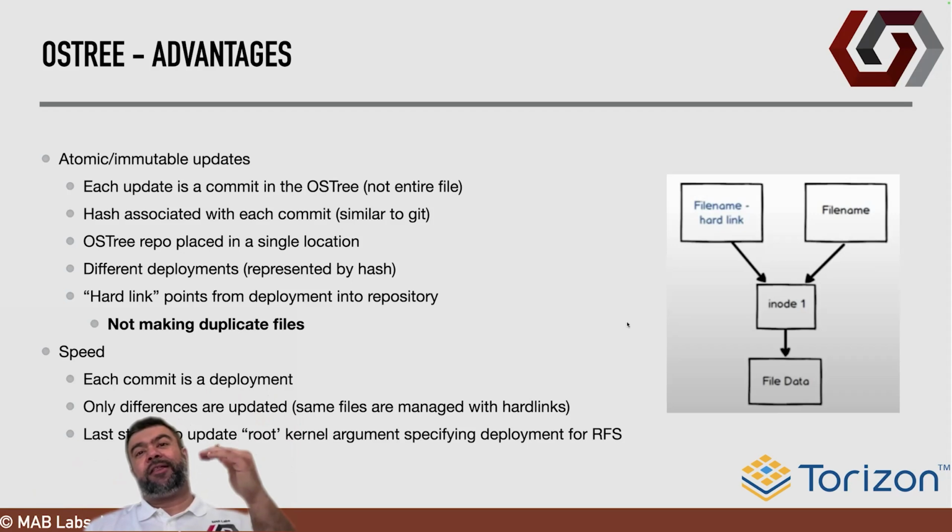So you're just downloading that into a deployment directory. You're just incrementing the hard links to things that haven't changed, which doesn't take that much computational resources. And then the last step is you're just updating where the RFS pointed to by your system is through an environment variable. So none of these steps take significant time, right?